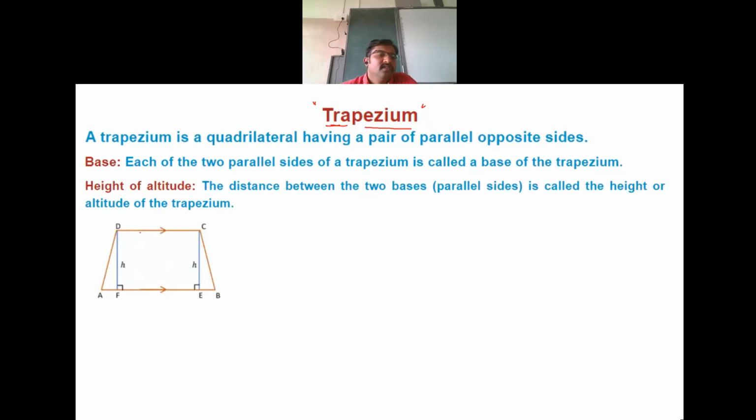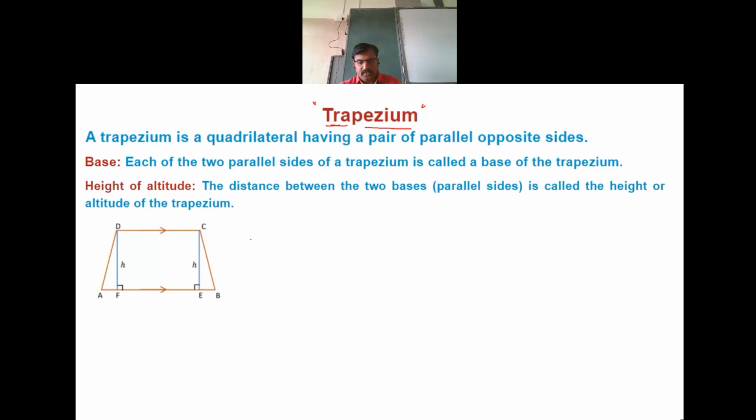We all know that whenever there are parallel lines, the distance between them at each point will be the same. Here the distance is given in terms of h. The same letter is being used. The perpendicular distance DF will be the same as the perpendicular distance AE.